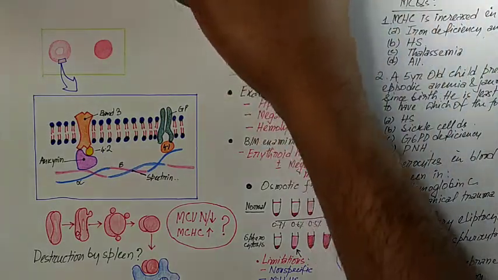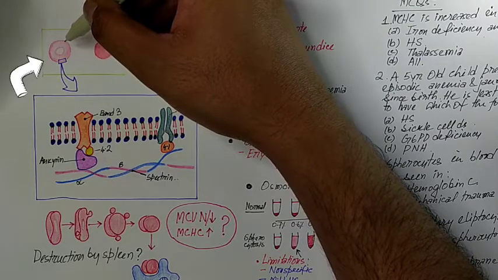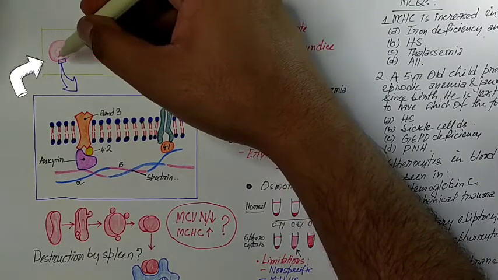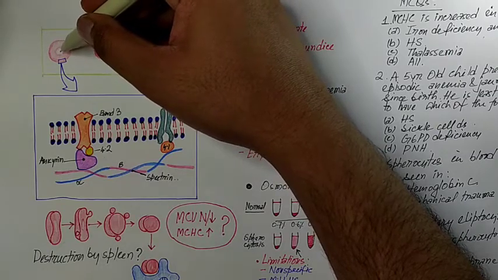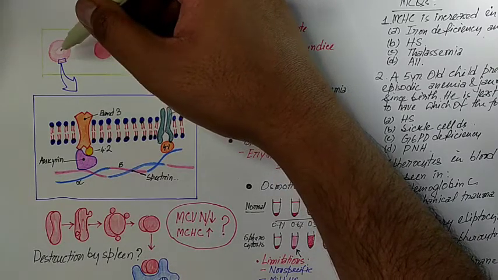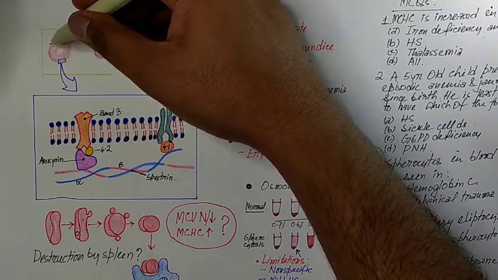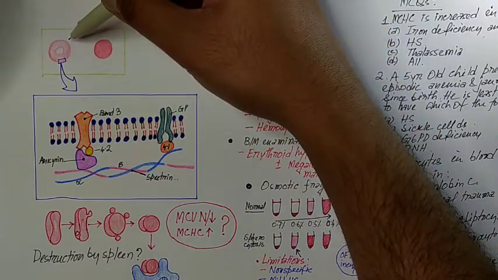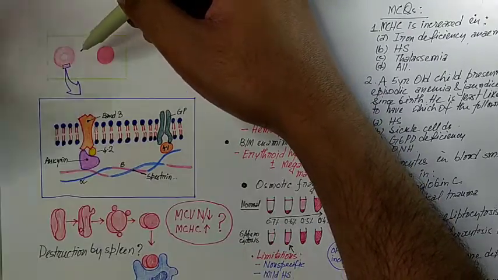Now, in the peripheral blood we commonly get this type of RBC. This is one mature RBC which has presence of central pallor due to lack of hemoglobin in the center of this RBC. This is the normal structure of RBC that we usually get in the normal peripheral blood smear.